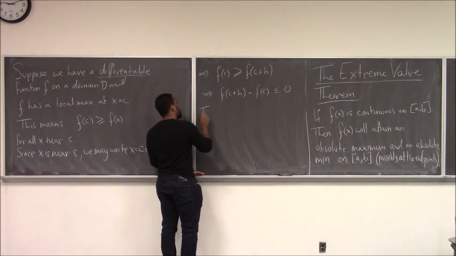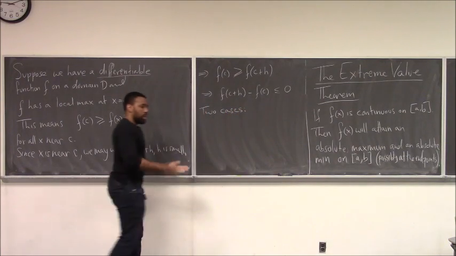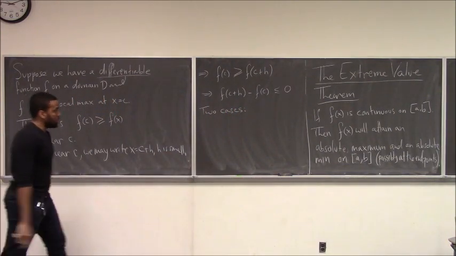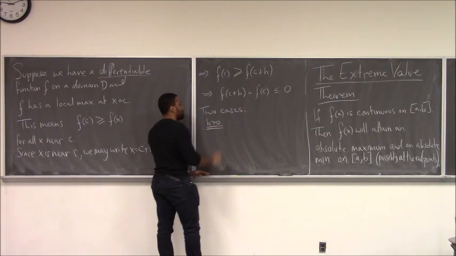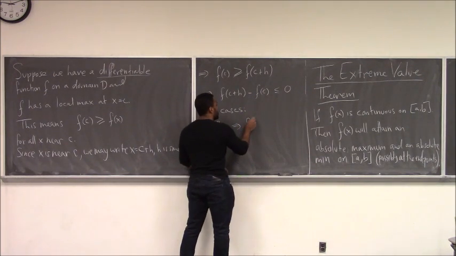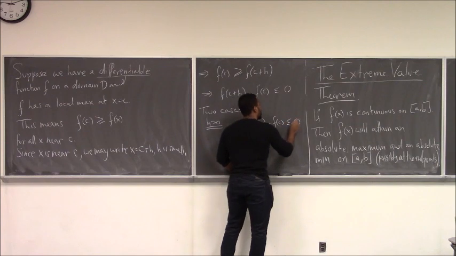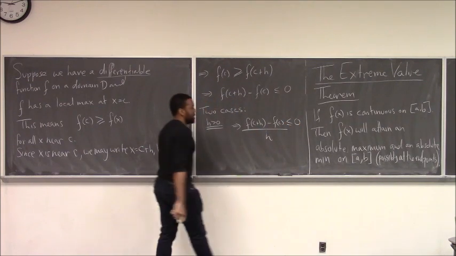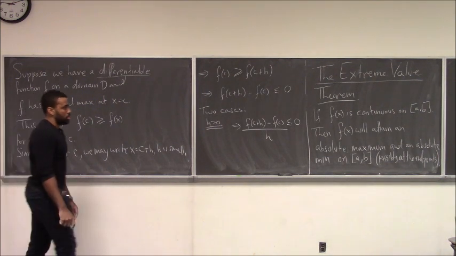Now there are two cases, depending on whether x is to the left or the right of c. Case 1: h is greater than 0. That would mean that if I were to divide both sides by h, the inequality sign will remain in the same direction.